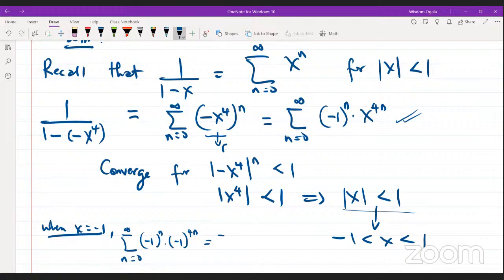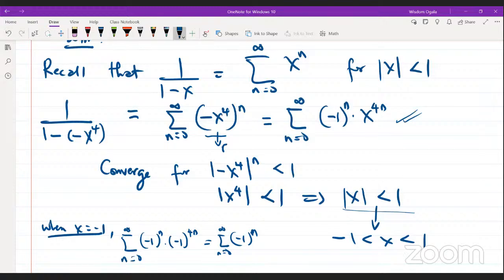That means at the end of the day I have something that looks like this, and this is divergent. If you do that for the other side too, the same thing would happen.